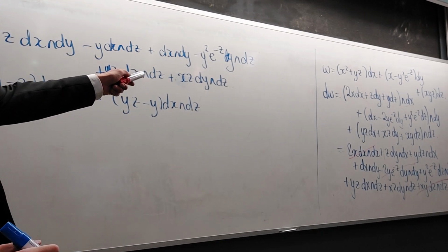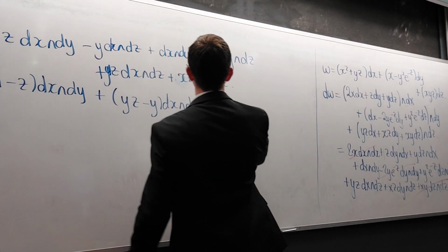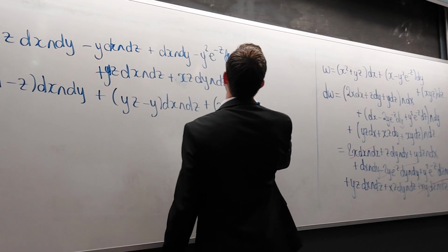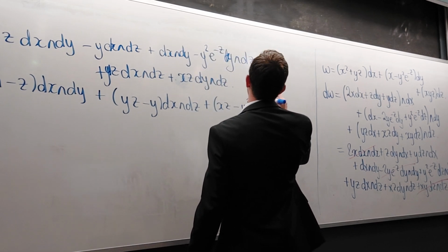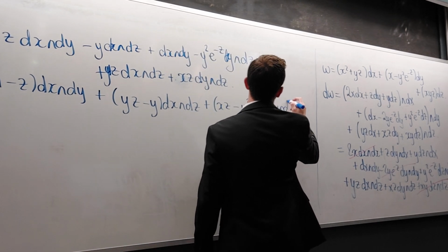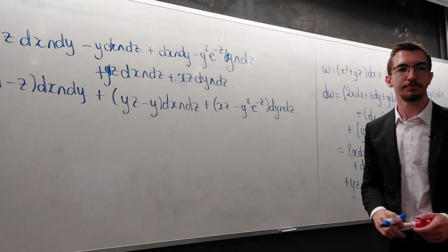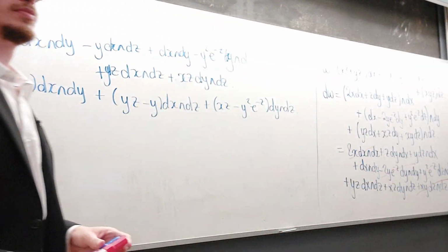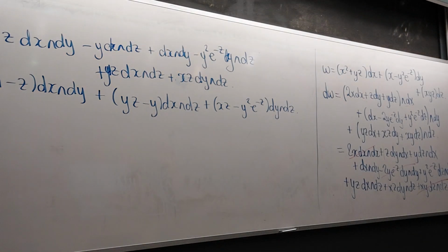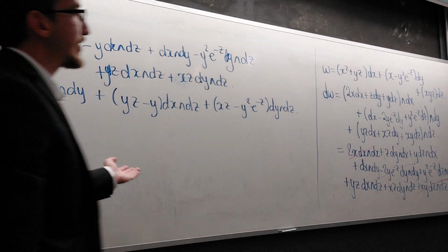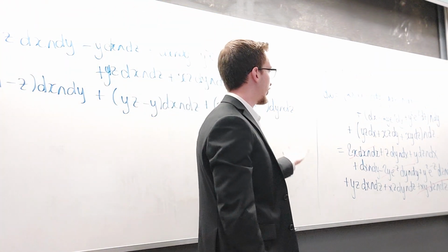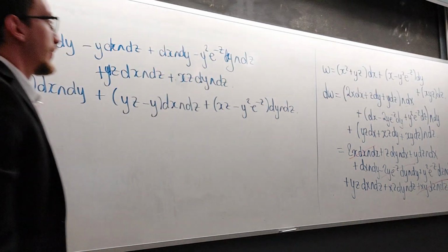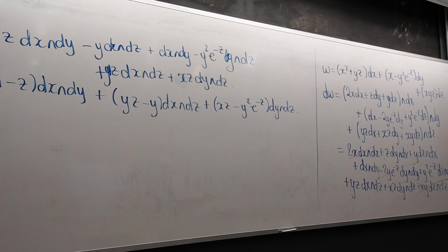And finally, I'll have xz minus y squared e to the minus z dy dz. Okay? That may seem like a very long process, but you will get very quick at them.